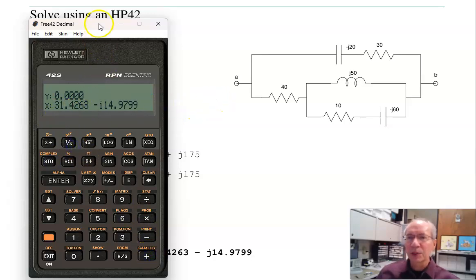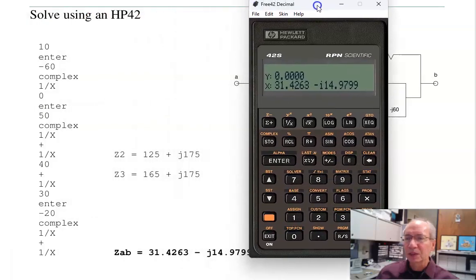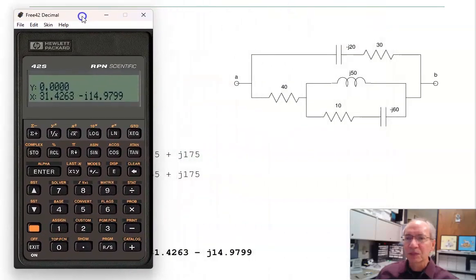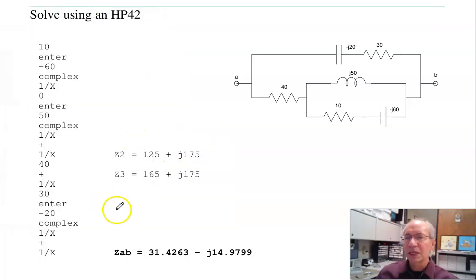There's the answer, 31 minus j14. Same thing. You see, HPs are just a breeze.